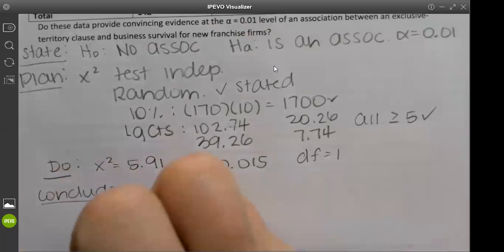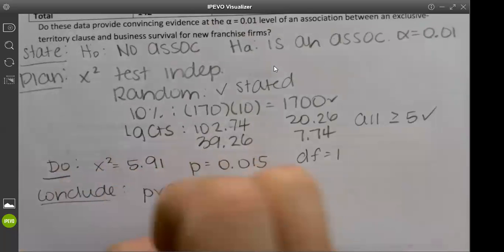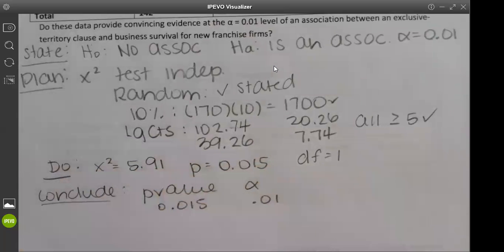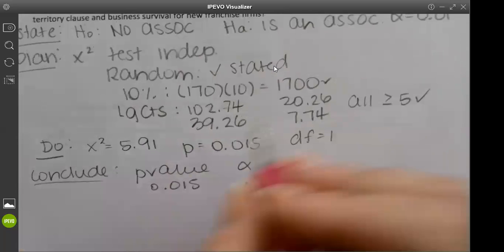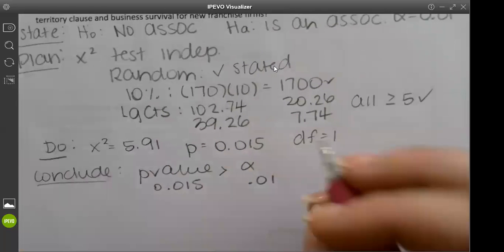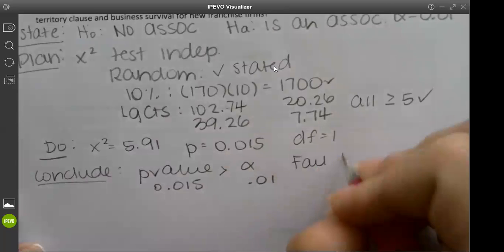We're going to test our p-value against alpha. Our p-value was 0.015. Our alpha was 0.01. So our p-value is greater than alpha, which means we fail to reject.